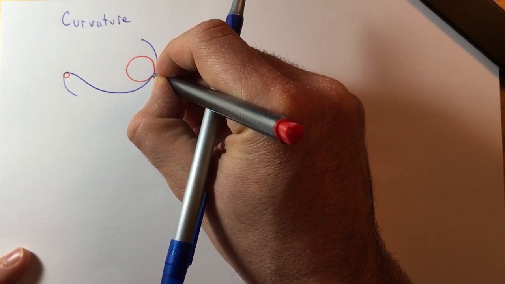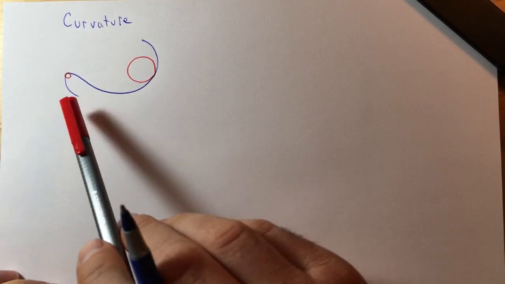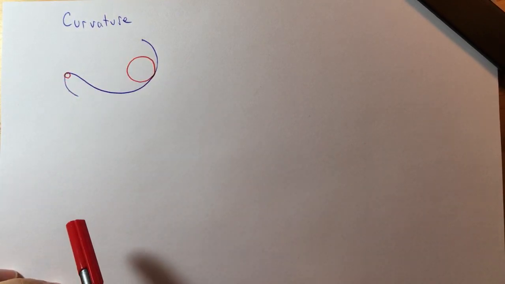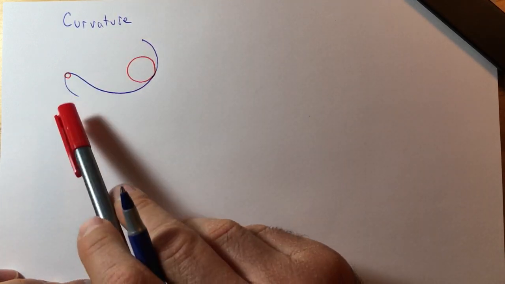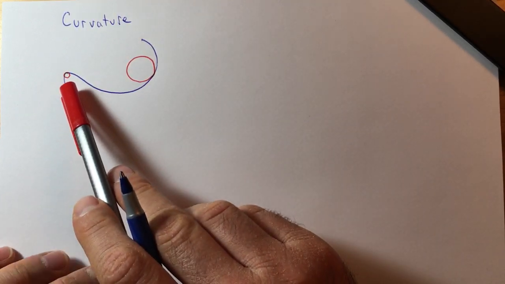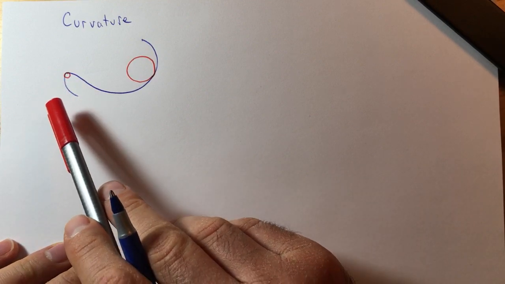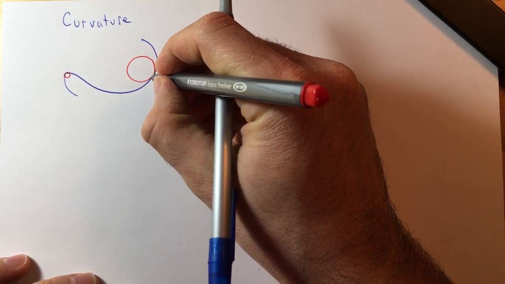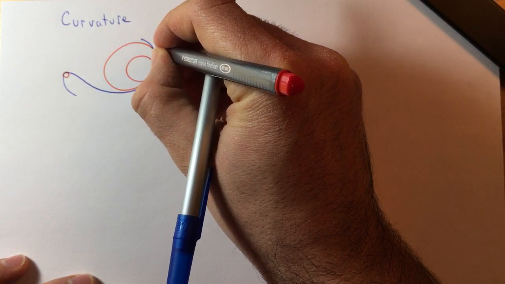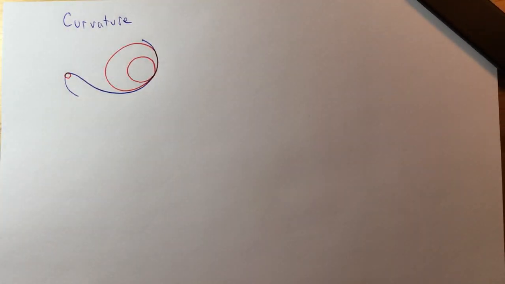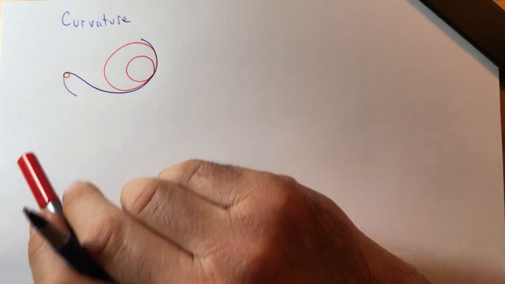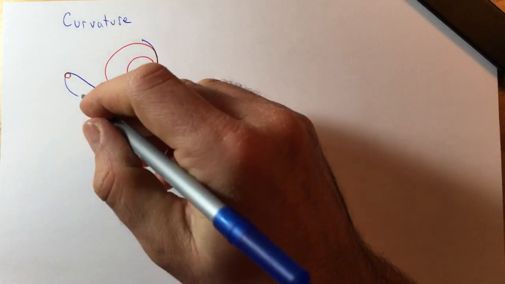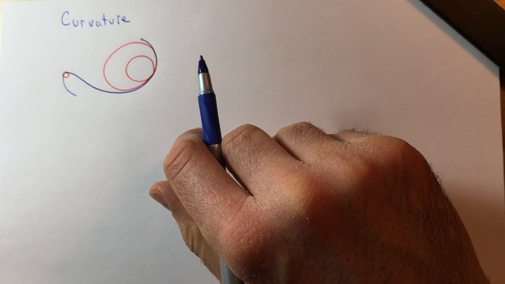Later on we'll point out that this is closely connected to the idea that we can describe the curvature by asking what kind of circle can hug the curve at that particular point.